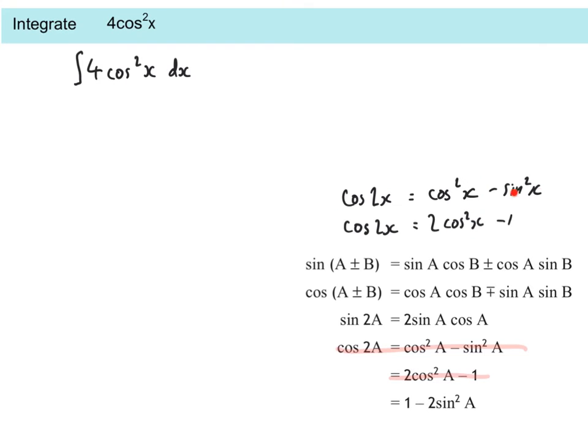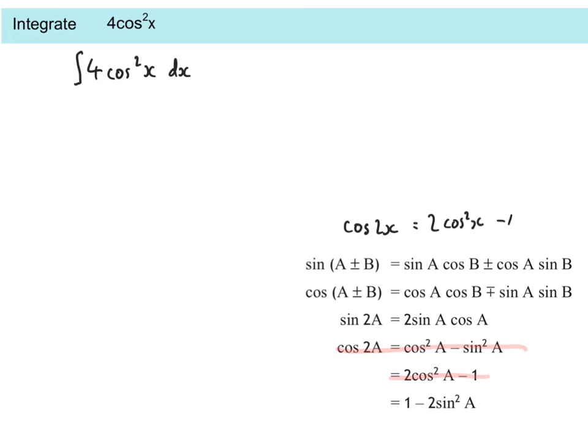There's no point doing it with this top one. If I make cosine squared x the subject here, I'm going to have cosine 2x, and I'll need to plus that sine squared x over. And I basically replaced the problem of cosine squared with the problem of sine squared. So this is no use. This guy just needs to go away.